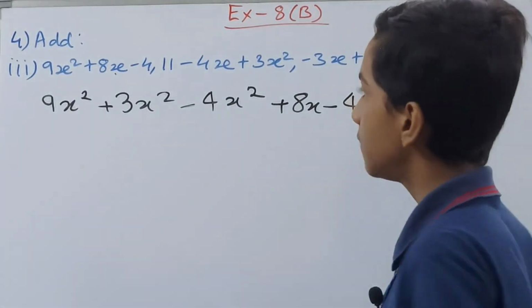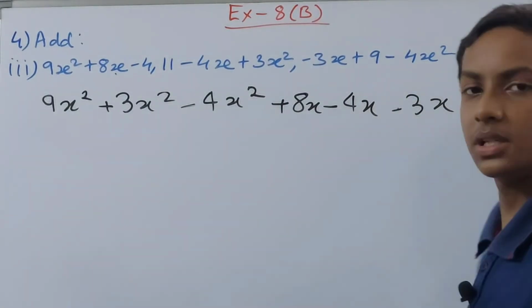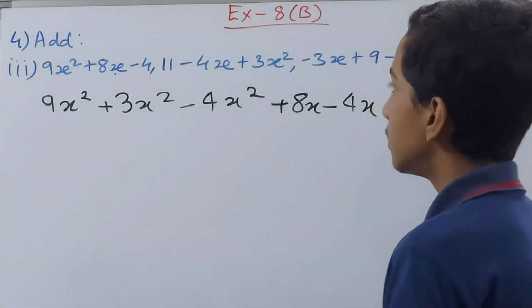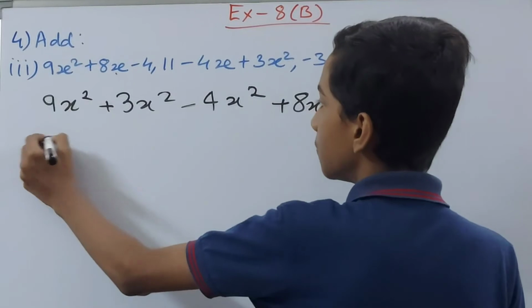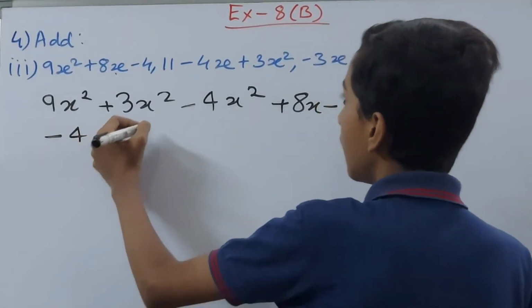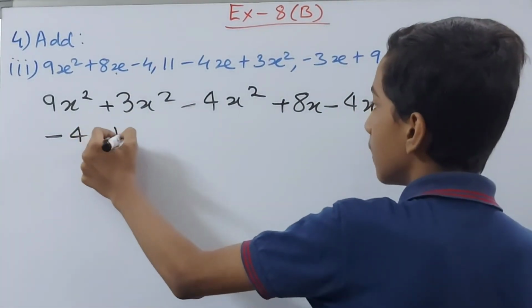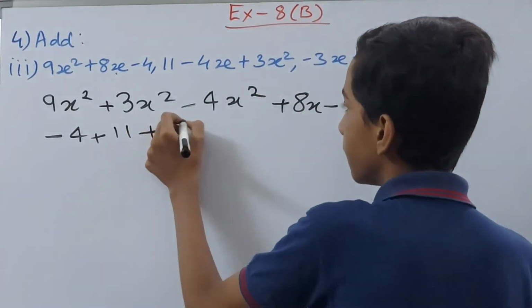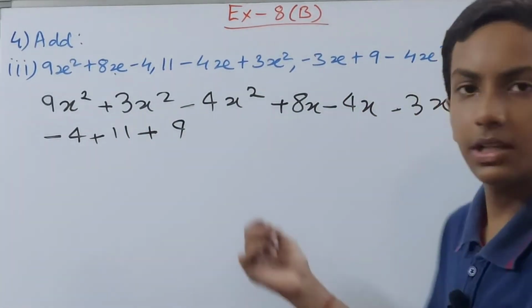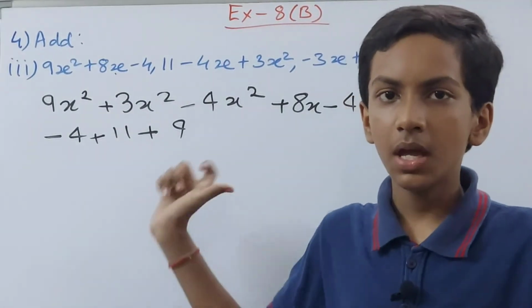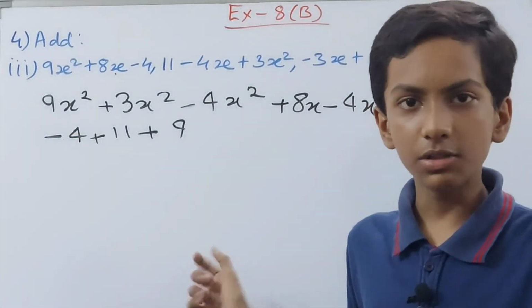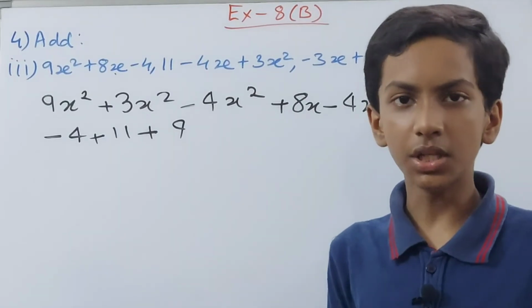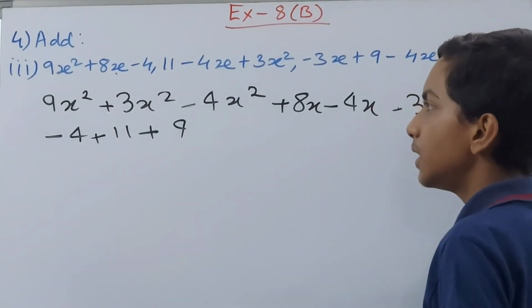No. Next we have terms which have no variable in them. So first is minus 4 with no variable in it, then plus 11, and then this in last plus 9. Alright, now we have rearranged them in order of their decreasing degree, and the like terms are written here. Now we have to simply solve them.